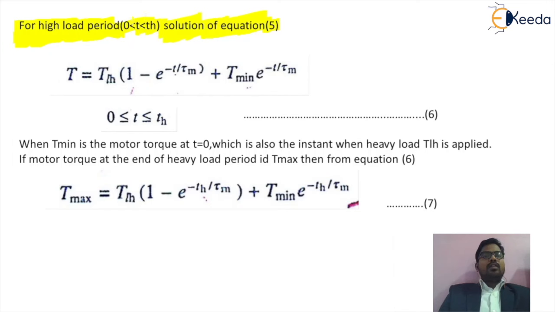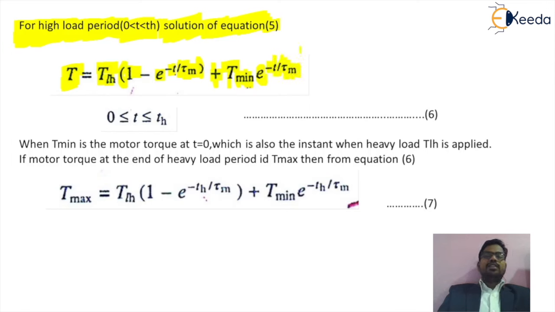For the high load period, when the time is greater than 0 but less than the high load timing, the solution of equation number 5 becomes: T is equal to TLH in bracket 1 minus e raised to minus t divided by tau m, where tau m is called the motor constant, plus T minimum e raised to minus t divided by tau m.